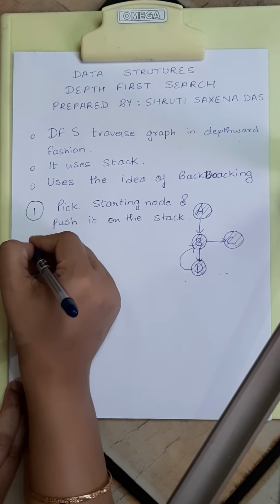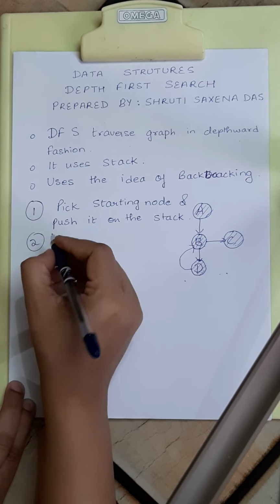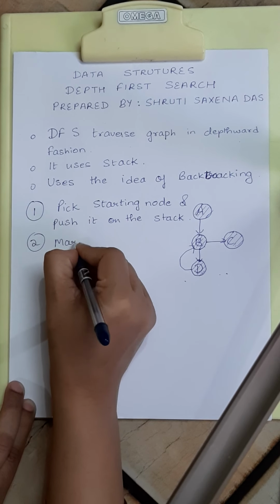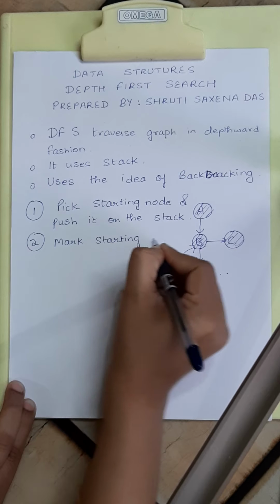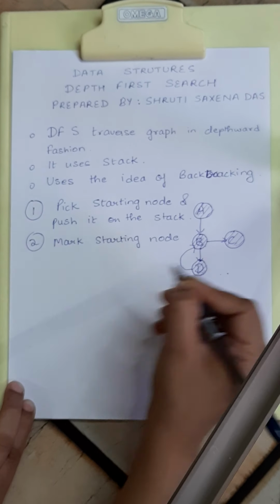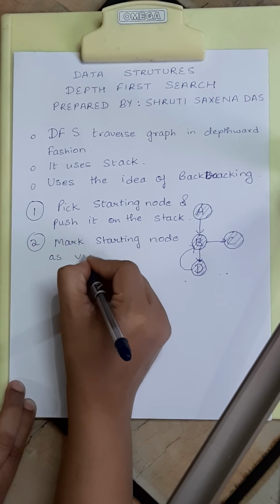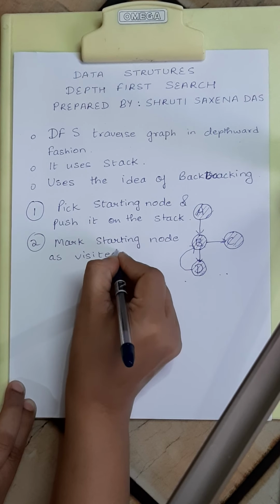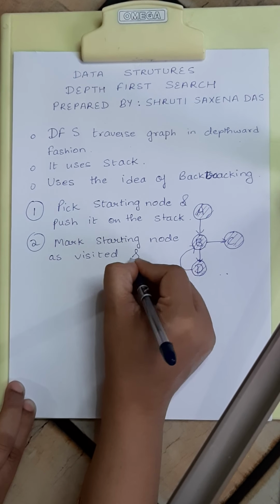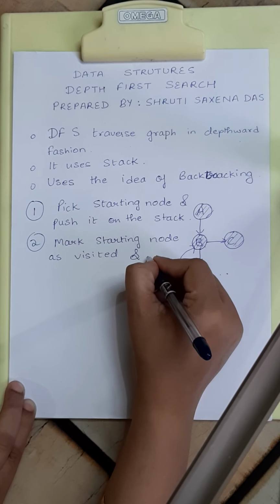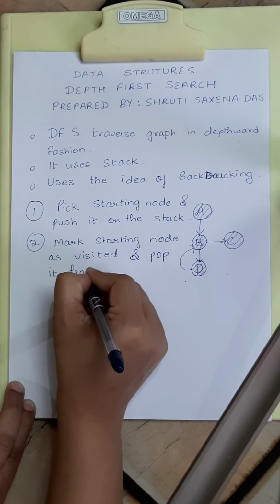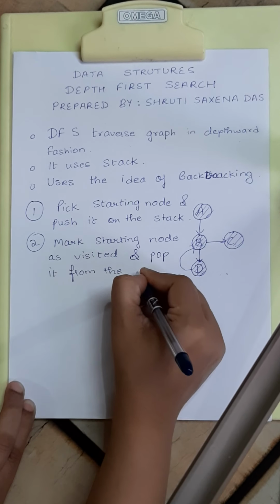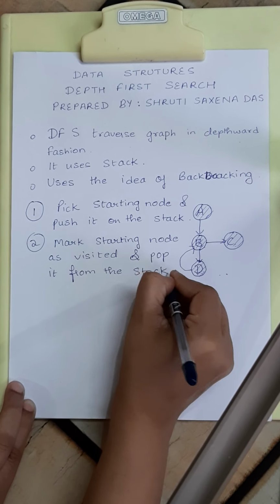What we are going to do is mark the starting node as visited, pop it from the stack, and print it.